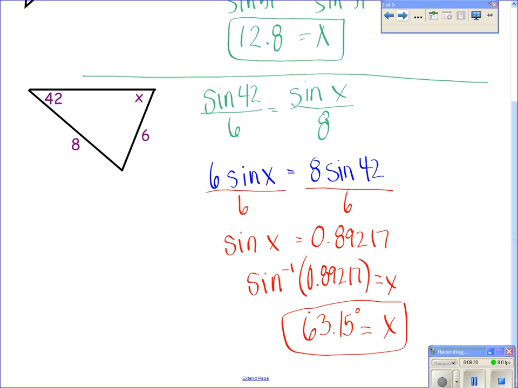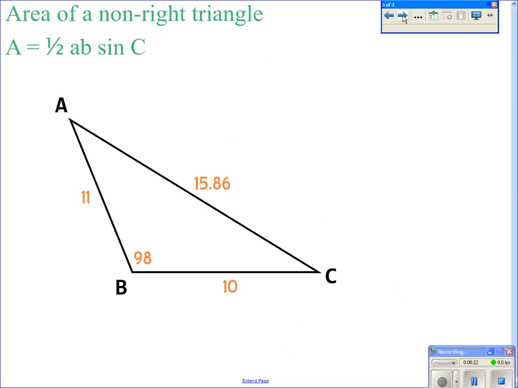All right, last formula for today is area of a non-right triangle. So up until now, you've known that area of a triangle is 1/2 base times height. In this case, we don't have the height of the triangle, but we still have a formula that will find the area for us. So A equals 1/2 AB sine C. Now that's just the arbitrary formula.